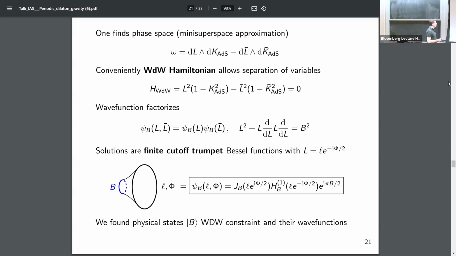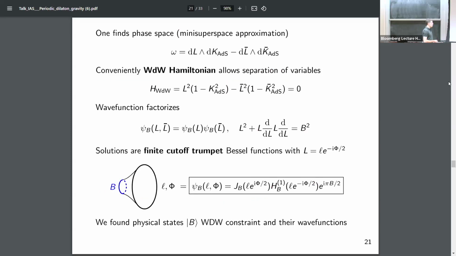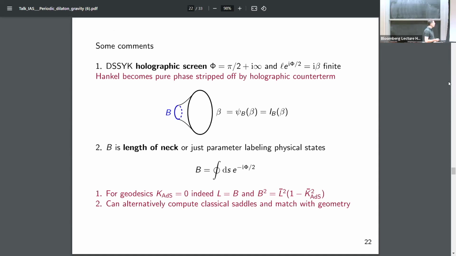Okay, so the solutions of this equation are the finite cutoff trumpets. They're a product of two Bessel functions, well, a Bessel and a Hankel. So we found the physical states that solve this constraint, and their wave functions. A few comments: when I take the holographic limit, for the double-scaled SYK, which is this choice of parameters, the wave function becomes just an ordinary Bessel I. The Hankel becomes a phase, but that's stripped off by the usual holographic boundary counterterm.